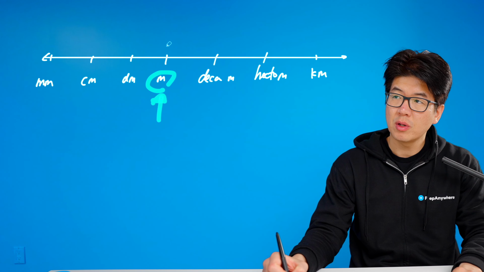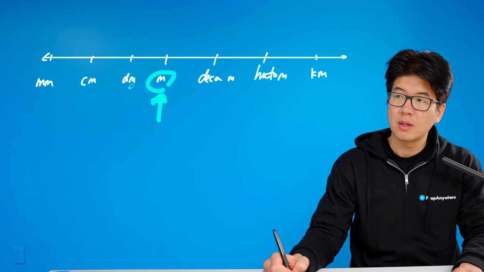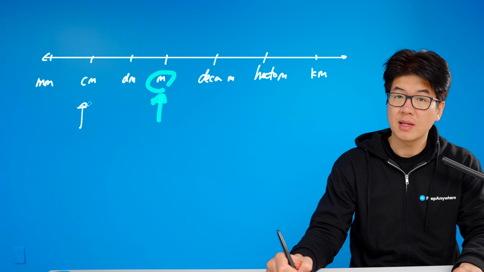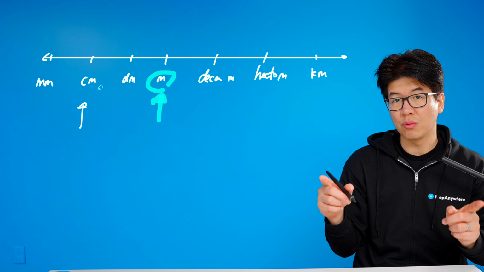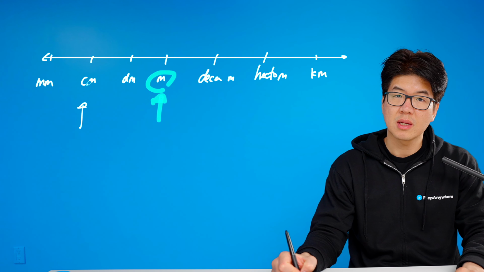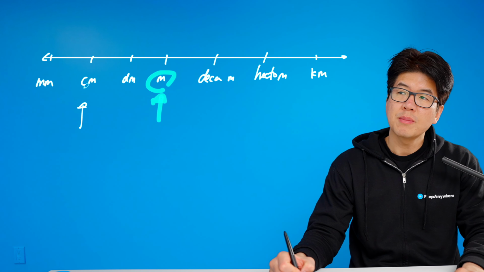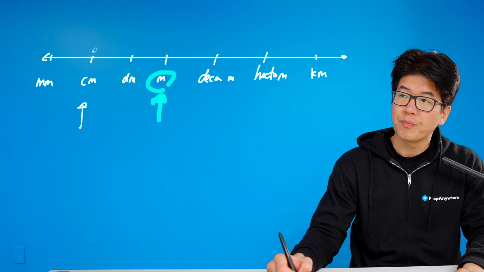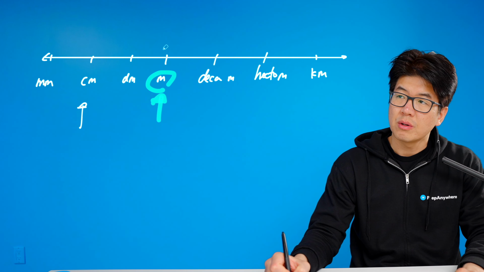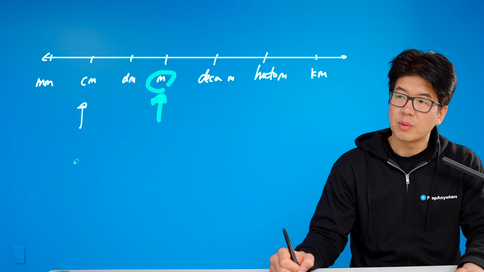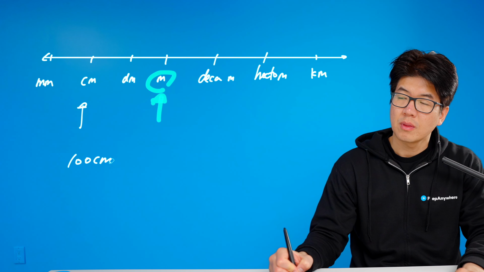The more familiar one, you might have seen this one first, is centimeters. So maybe you have used a 30 centimeter ruler. You've seen a centimeter there. Centi means 100 times smaller. Because it's 100 times smaller, in a meter there's going to be 100 centimeters.